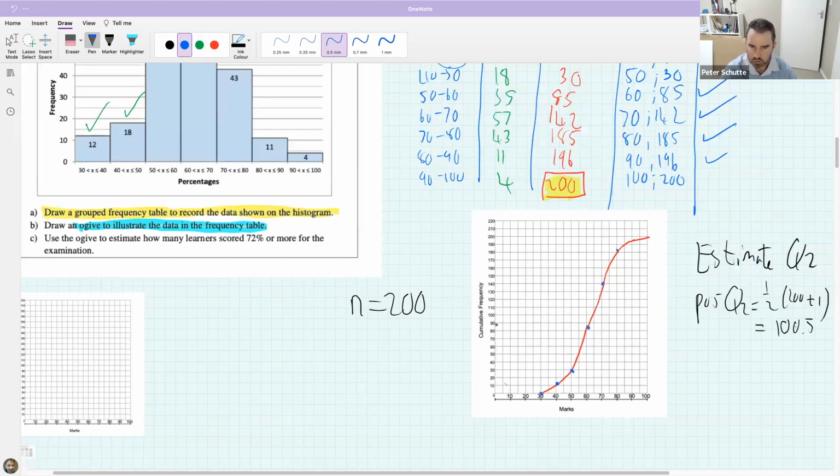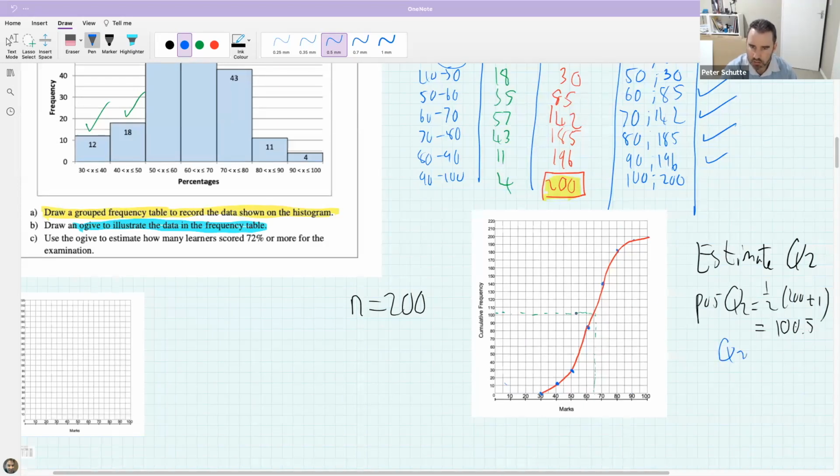So where would 100.5 be? Let's use a different color. It's probably a little bit over. It feels to me like it's going to be about 65.